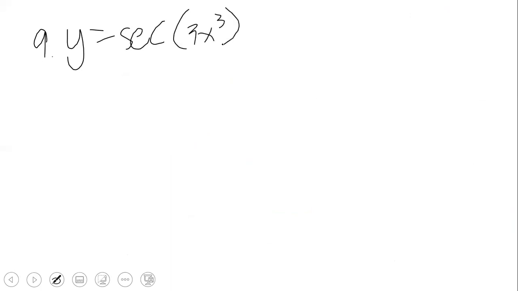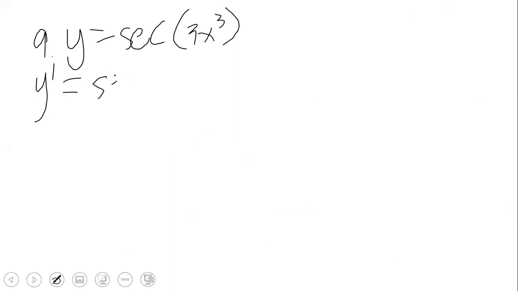Let's have number 9. For number 9, you also have y equal to secant 3x cubed. So differentiate natin y prime, that will be the secant angle.